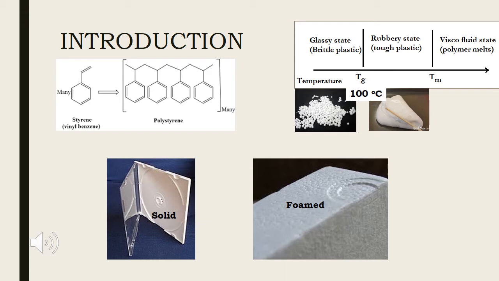above about 100 degrees centigrade, which is its glass transition temperature. It becomes rigid again when cooled. This temperature behavior is exploited for fabrication of polystyrene, since it can be cast into molds with fine details.